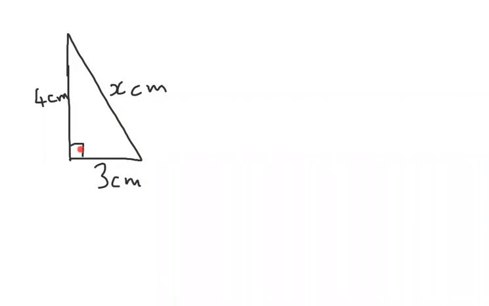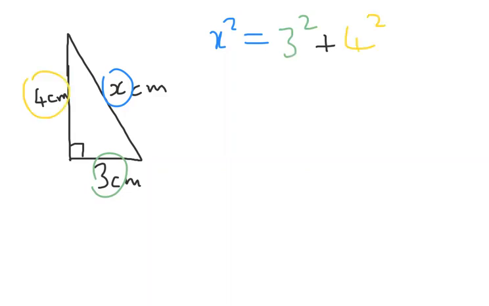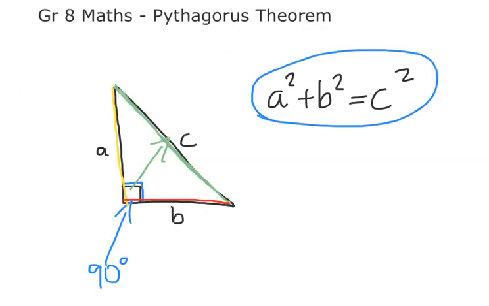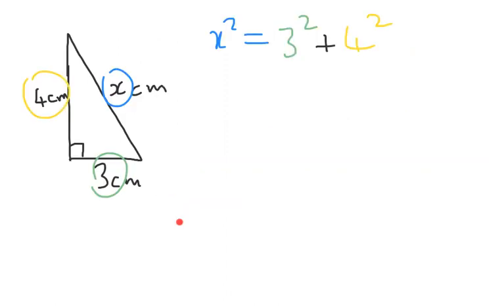Like the formula said, we can say x squared equals 3 squared plus 4 squared. That's the rule of Pythagoras. Let's just go back to the sum. The hypotenuse, C, stands on its own, then it's just the other two, A squared plus B squared. That is what we've done here.